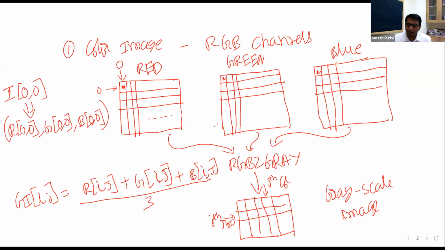Grayscale is not black and white. It is different levels of black and white, from 0 to 255. That's why it's called grayscale. Are you with me here? Each pixel in your grayscale image is a function of the corresponding pixels in the RGB channels.